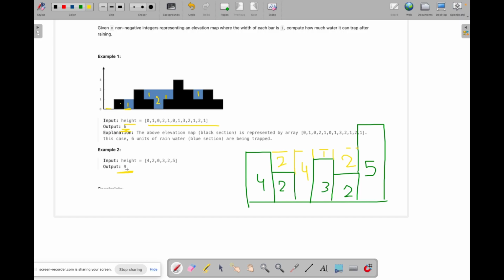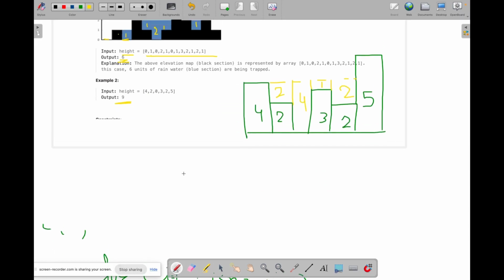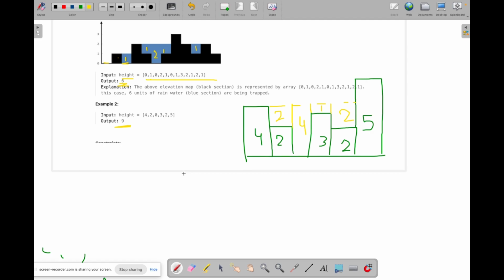So basically, if you are given a wall, this is one wall, let's say of height 3 units, and you have another wall of height, let's say 5 units.